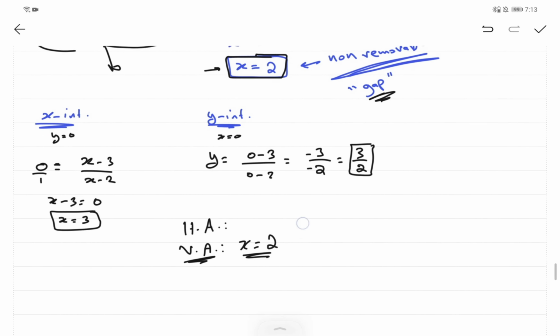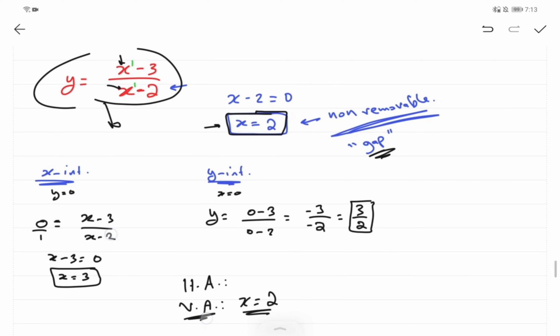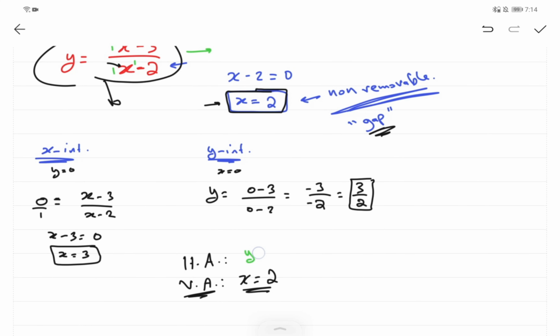Here the coefficient of the numerator is 1 and the coefficient of the denominator is 1 as well. So the horizontal asymptote will be y equals 1 over 1, which is 1. So this is the horizontal asymptote.